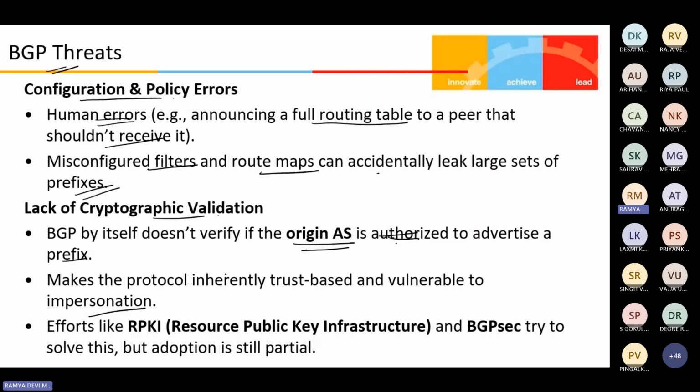To solve this problem, we use RPKI, Resource Public Key Infrastructure, which cryptographically validates prefix origins. We can also use PGP-SEC, an extended PGP with path validation. The problem is that adoption is incomplete and uneven, so vulnerabilities still exist. This is another problem with PGP.